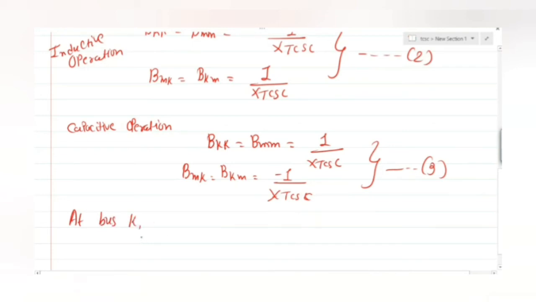The active power and reactive power at bus K are calculated using Pk is equal to Vk into Vm into Bkm into sine of theta k minus theta m.